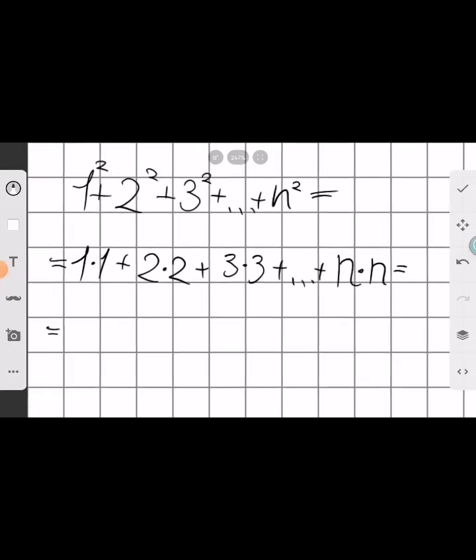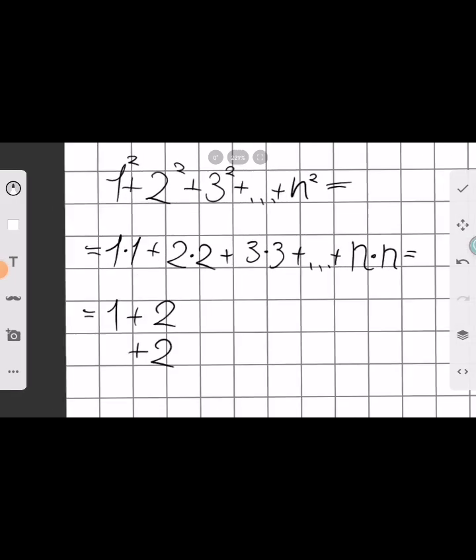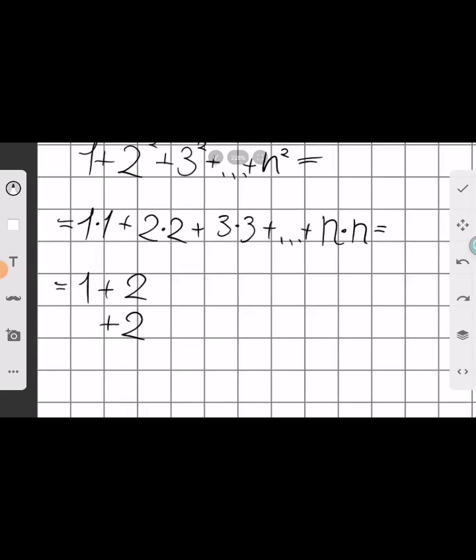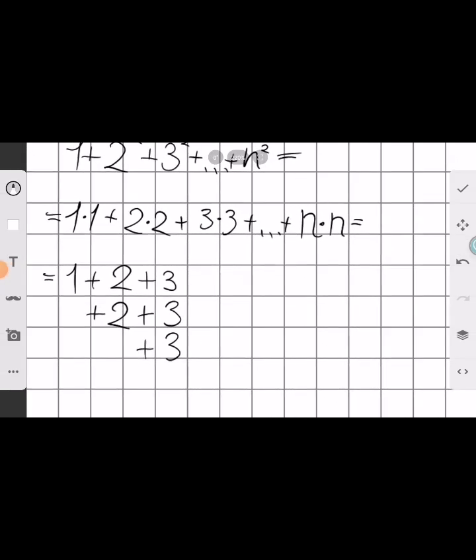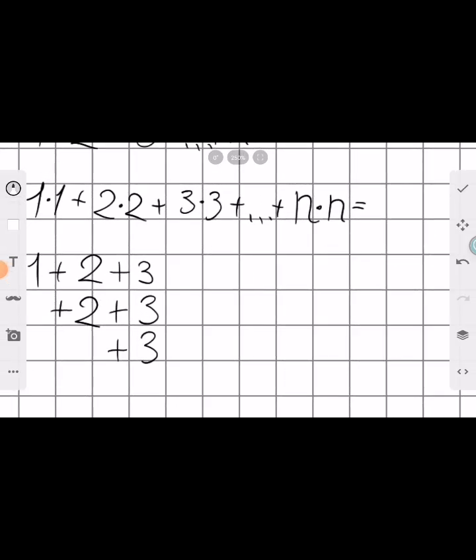So we have 1 multiplied by 1, 2 multiplied by 2, so it's two addends, each equal to the number 2. And then 3 times 3 means we have to add 3 copies of that number, and then 4 times 4, of course.